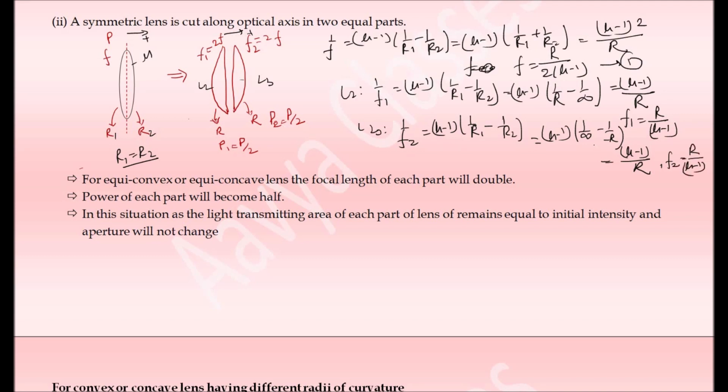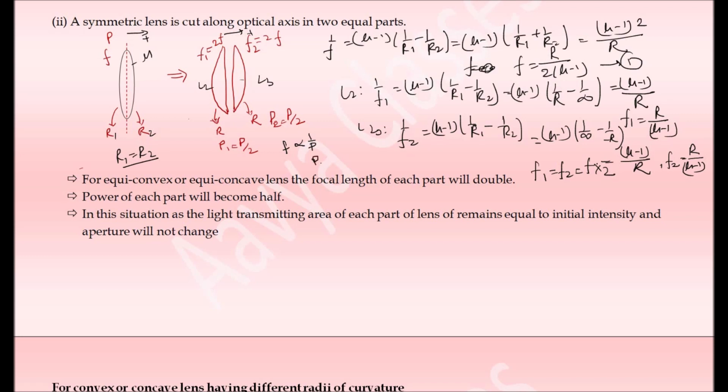So if you compare f1, f2 and f, then clearly f1 is equal to f2 is equal to f into 2. That is, the focal length of cut lens L2 and L3 become twice the focal length of the original lens. So as we know, the focal length f is inversely proportional to power.